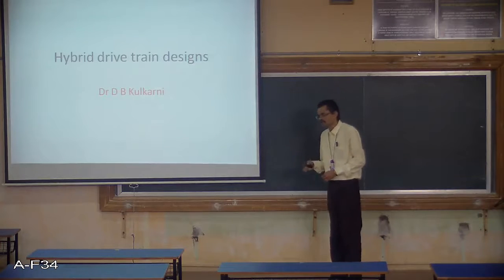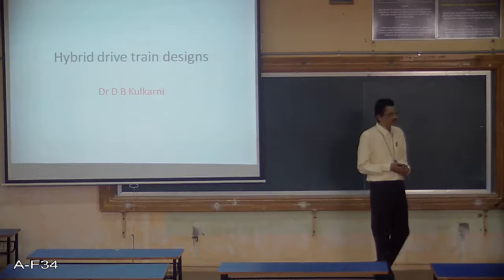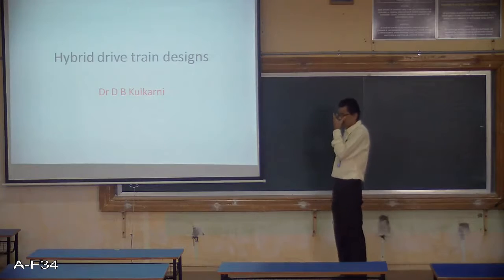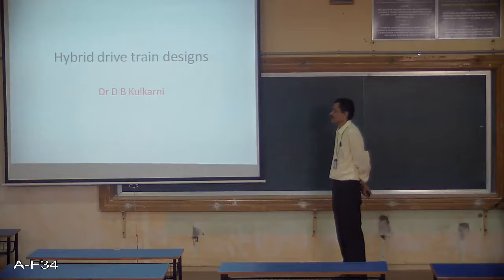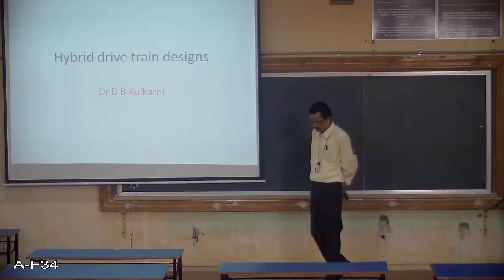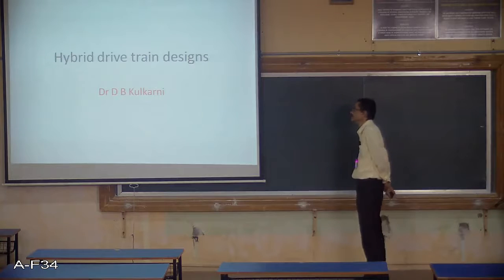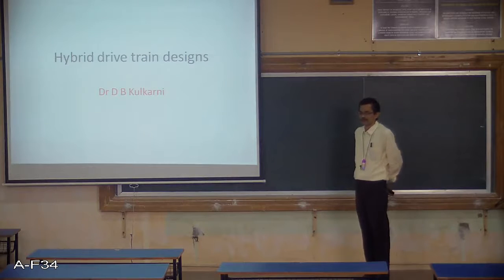In general we have also seen the various types of batteries in Unit 4, and then other energy storage devices such as flywheels and other components used for energy storage.